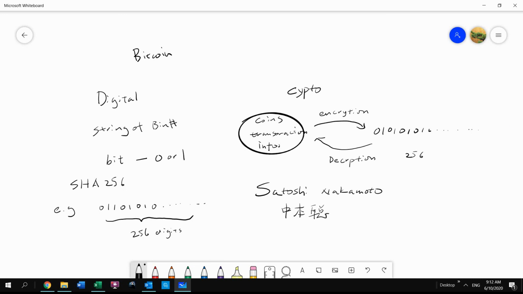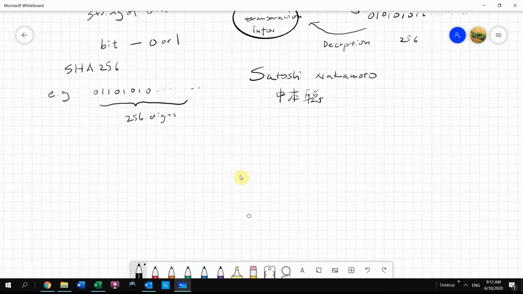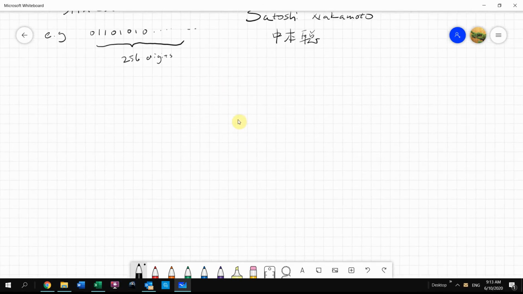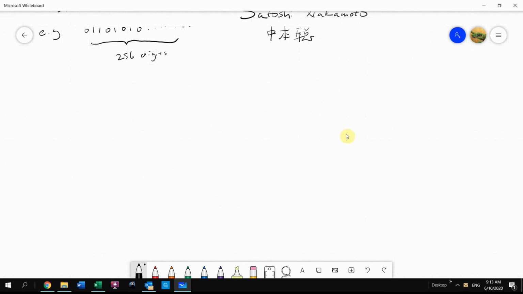Maybe this person does not really exist, or maybe this is just an alias for that person. But indeed, he was the first person that invented the Bitcoin, the only person, and also designed all the rules in the Bitcoin system. All right, and one of the most noticeable features is that it employs a decentralized system.